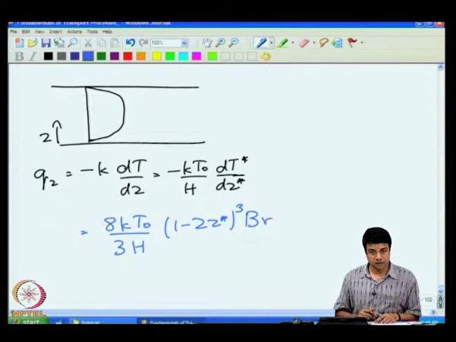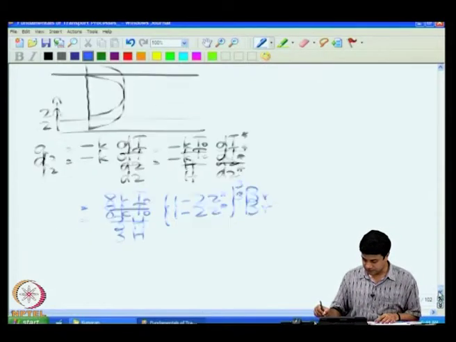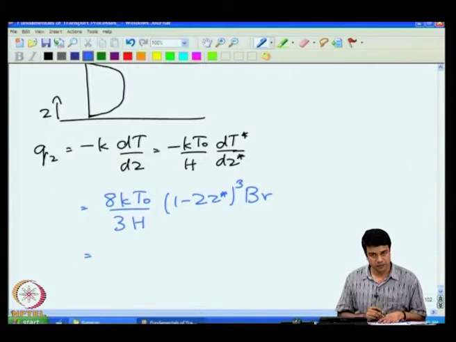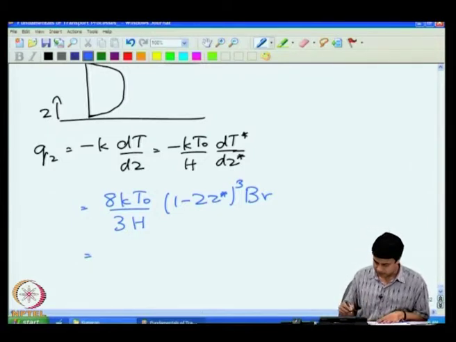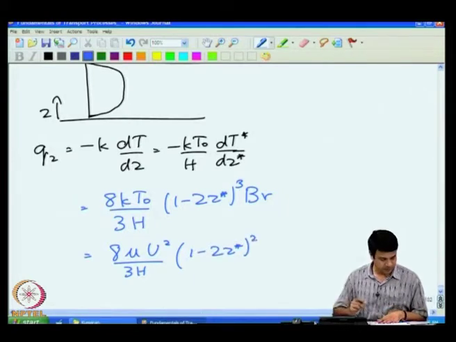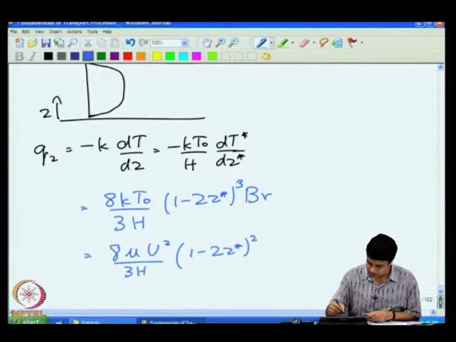Alternatively, I can write it in terms of the viscosity and the velocity of the fluid, just from my definition of the Brinkman number, mu u square by k T naught, as 8 mu u square by 3 h into (1 minus 2 z star), the whole cubed, I am sorry.